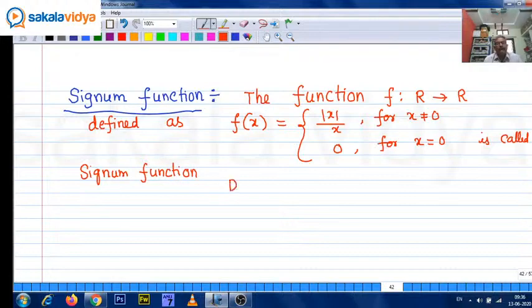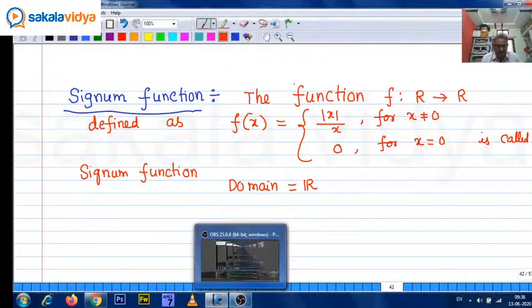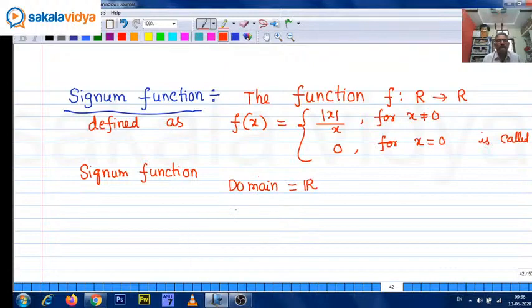Domain of this function is the set of real numbers. Range equals minus 1, 0, 1.